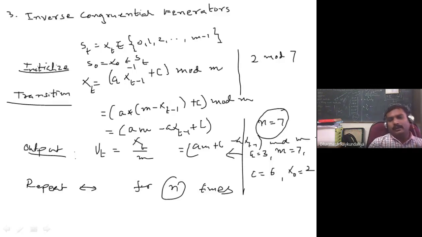In that way you can generate. Otherwise, the best way is to use this particular inverse directly. Whatever the answer is, suppose it turns out to be 5, just take m minus 5, that is 7 minus 5 is 2, and multiply a with 2, and then continue.